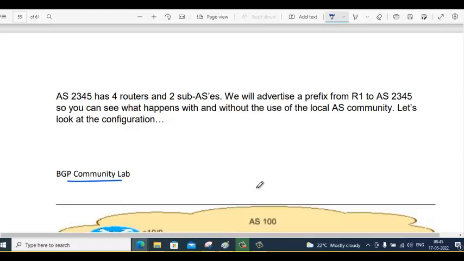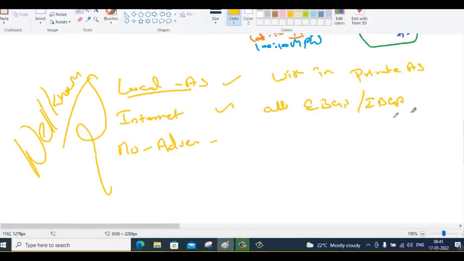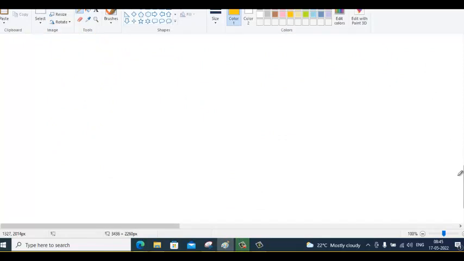But how many route reflectors can you give? If I have 100 routers, will you do a route reflector after every one router? Every alternate router? Not possible. So what they do is create private autonomous systems. This is not in usage right now, that's why I did not focus much on it, but I am explaining because you asked the question.